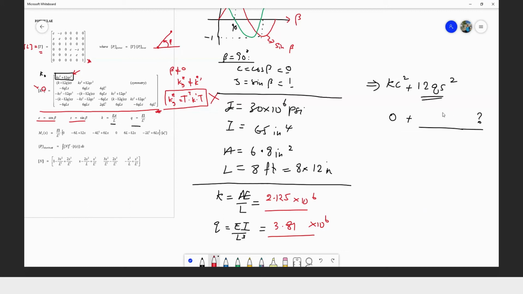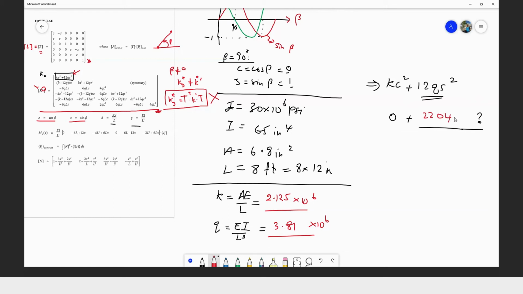Lamanya you all nak cari yang ni. Q 2204 betul? 2204.05. Okey, kita ada 2204. Yang Q tu yang bawah K tu.